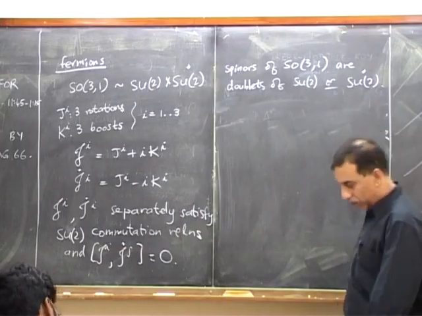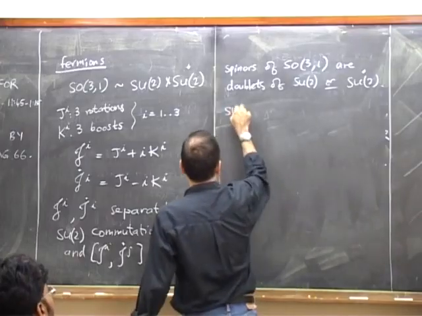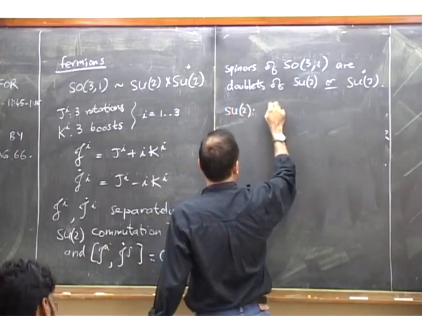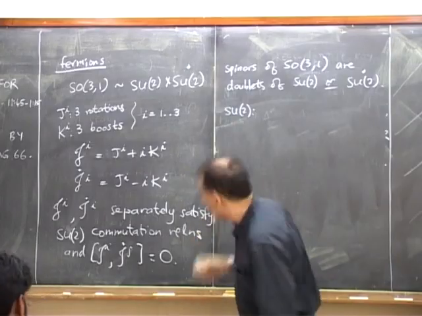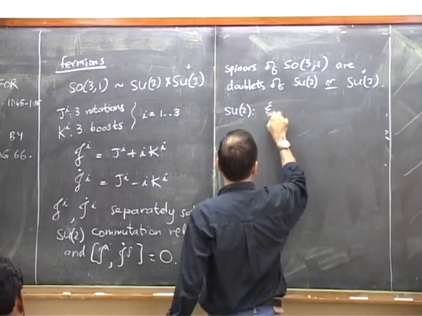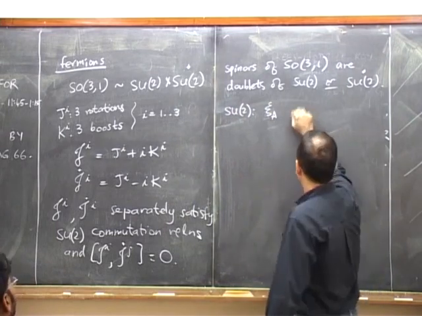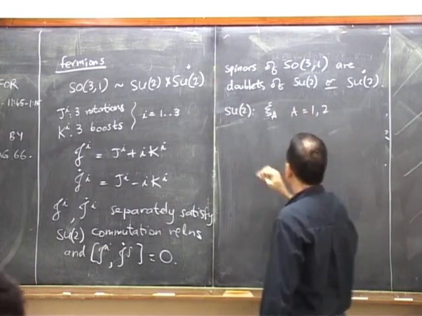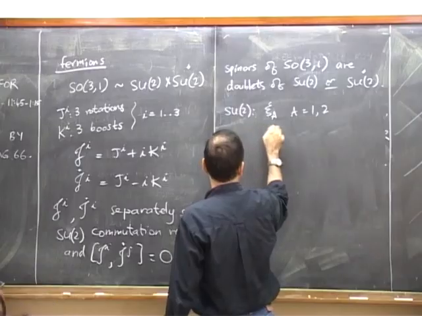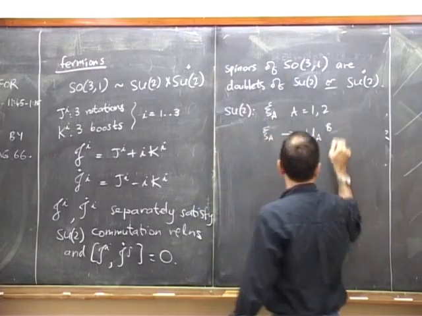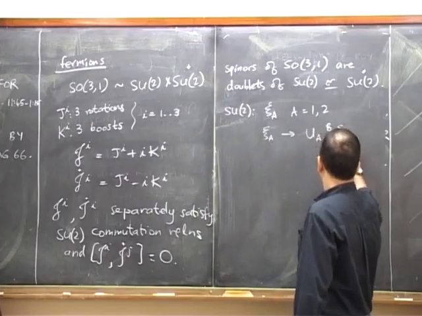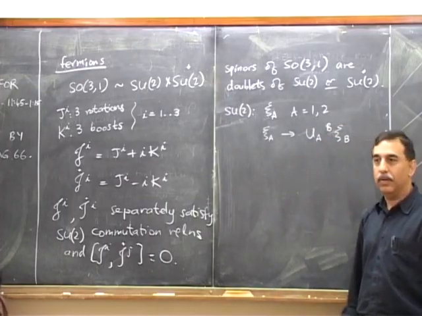Okay, good. So for SU2, the spinors are called psi. Well, it doesn't matter what they are called, but they have an index A. A goes from 1 to 2, and under SU2, psi A goes to a unitary 2 by 2 matrix U_AB psi_B.